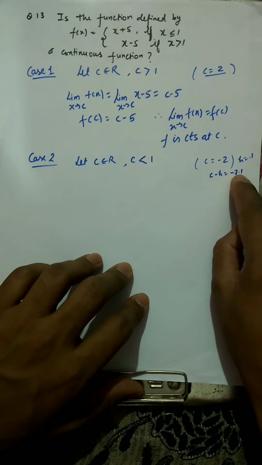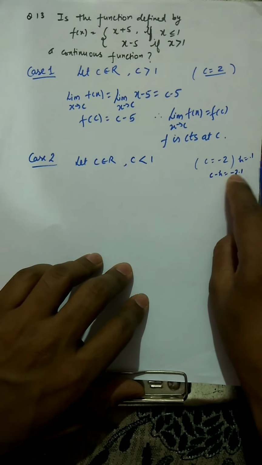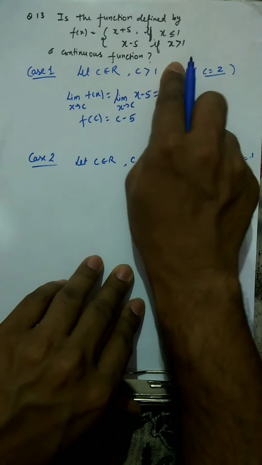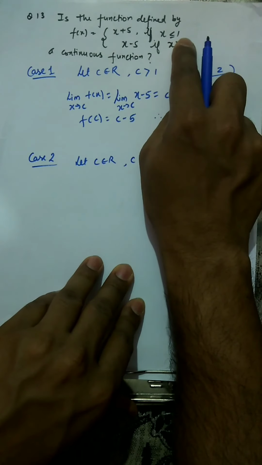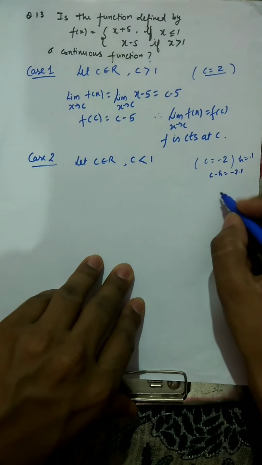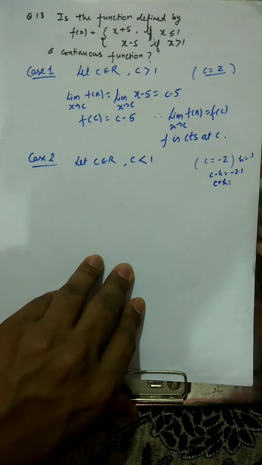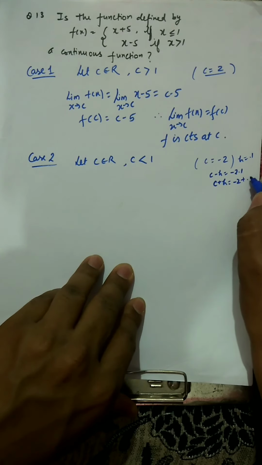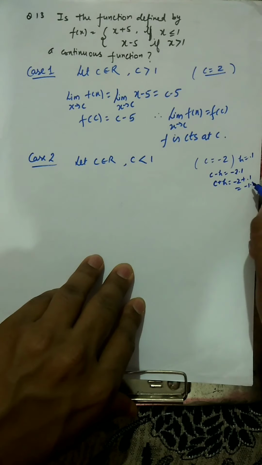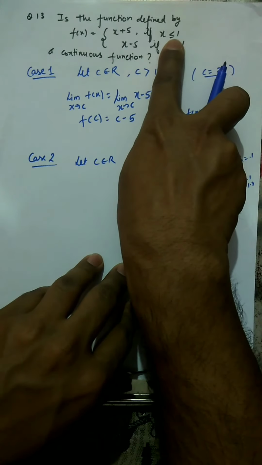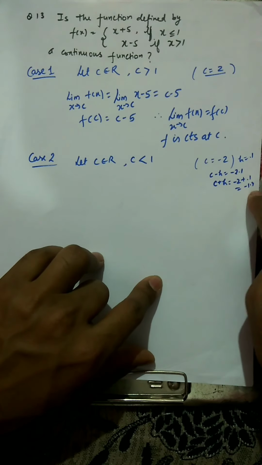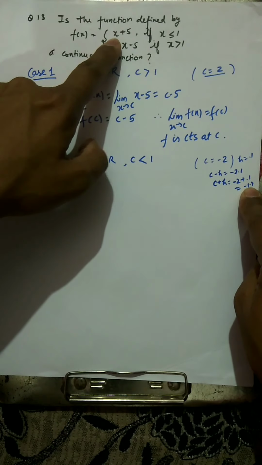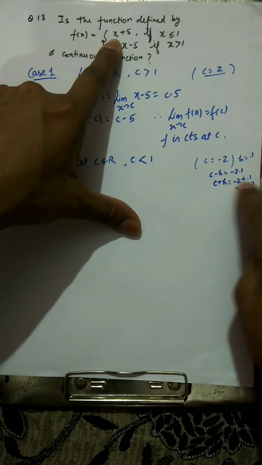So it becomes minus 2.1. Even in that case the value of f at c minus h will remain x plus 5. And if I take c plus h, then it will become minus 2 plus 0.1, which is minus 1.9, and minus 1.9 is still less than 1. So in both cases, left hand limit and right hand limit, the function is going to be the same, x plus 5. So that's why we never take left hand limit and right hand limit.